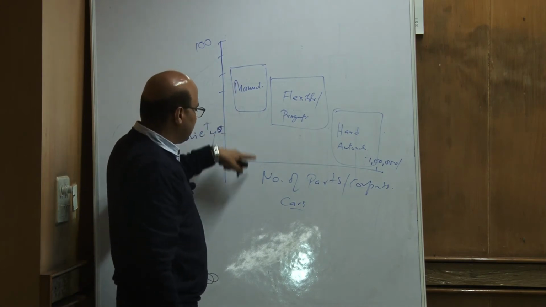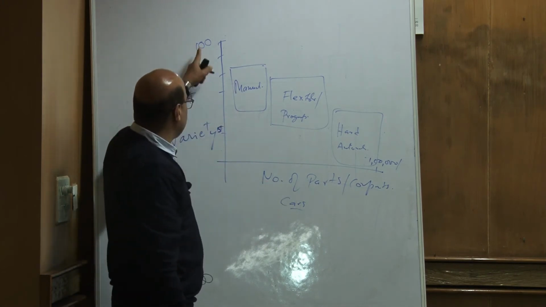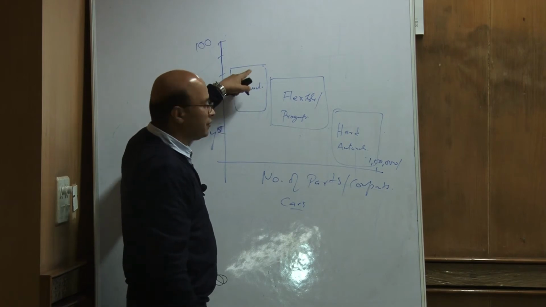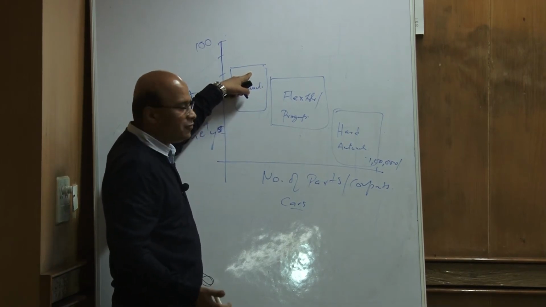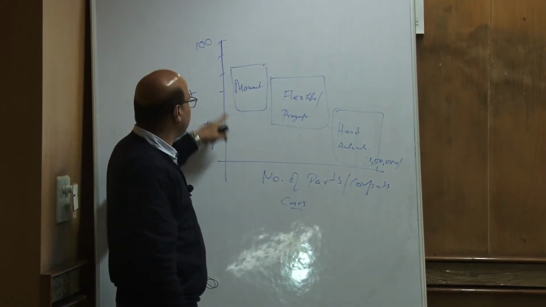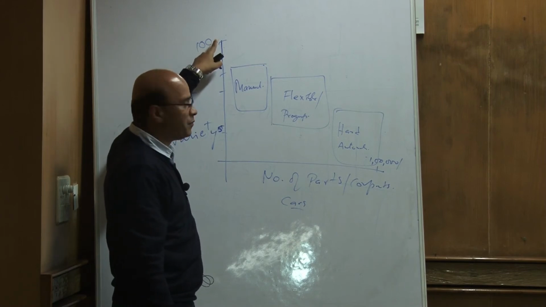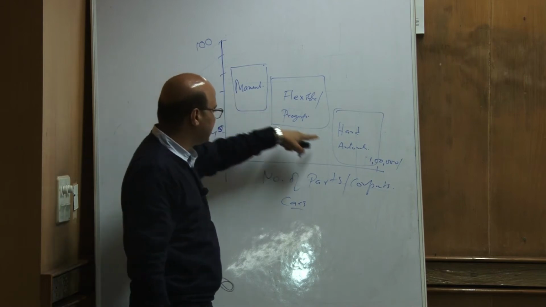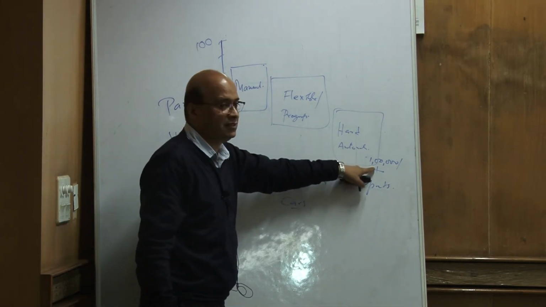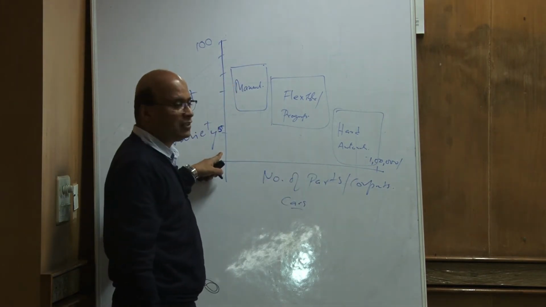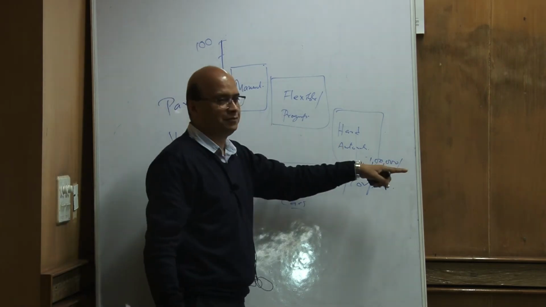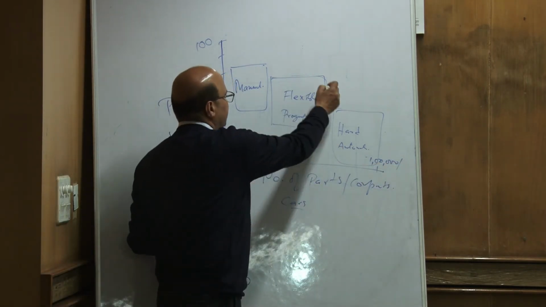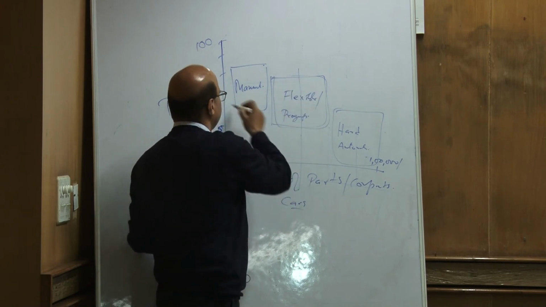So the number of parts, number of components, are very low. The other side is where the numbers are very large, but the variety is very small. So this is the other extreme. Now this is somewhere in between, where it is here and it is here.